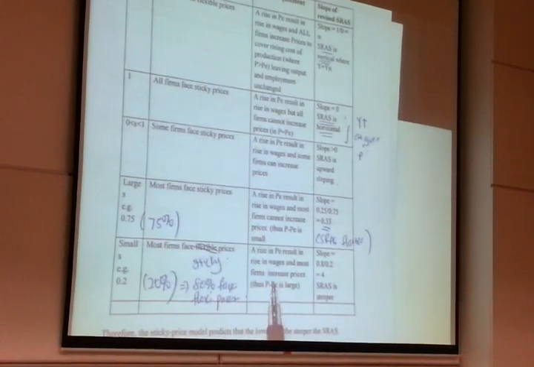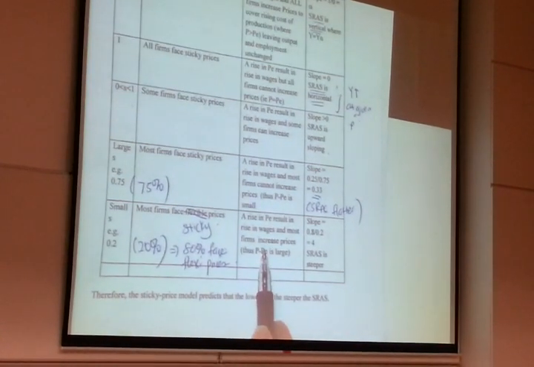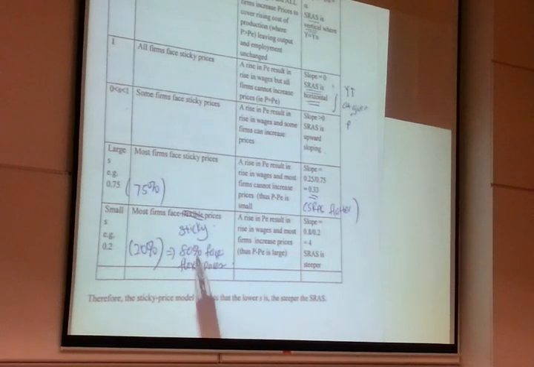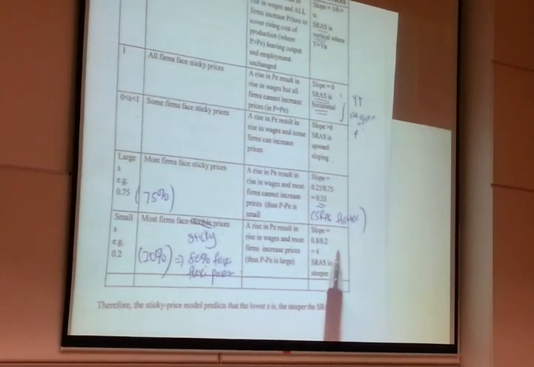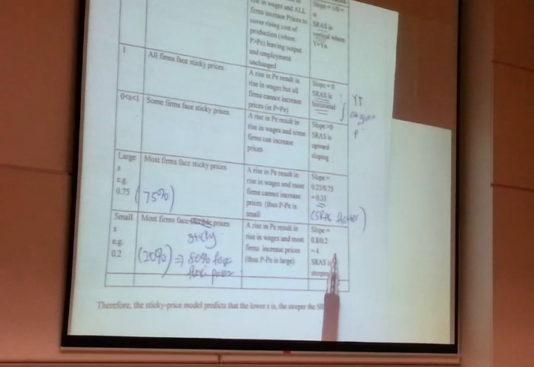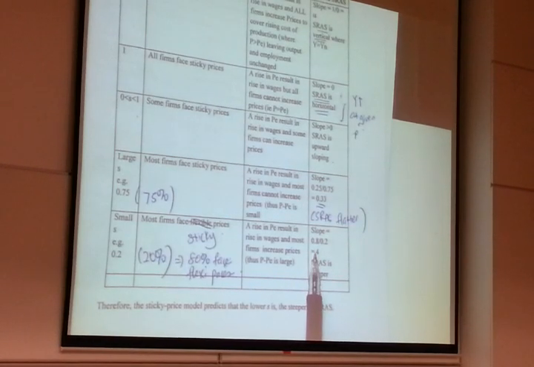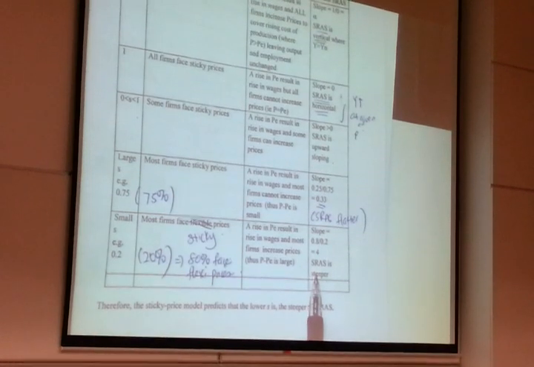In this case, they would readily increase the price. One way is to substitute the S into the slope, (1 minus S) divided by S. The slope is now bigger. The AS is steeper.